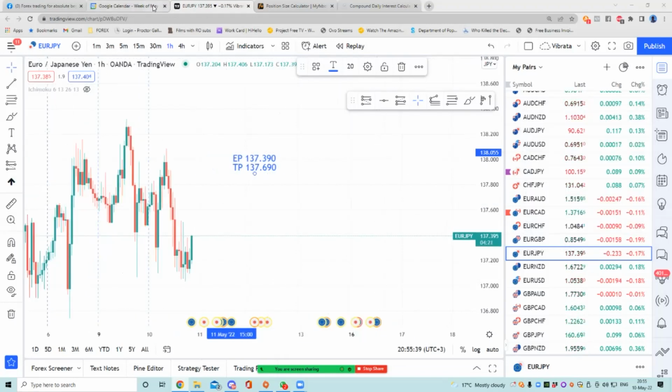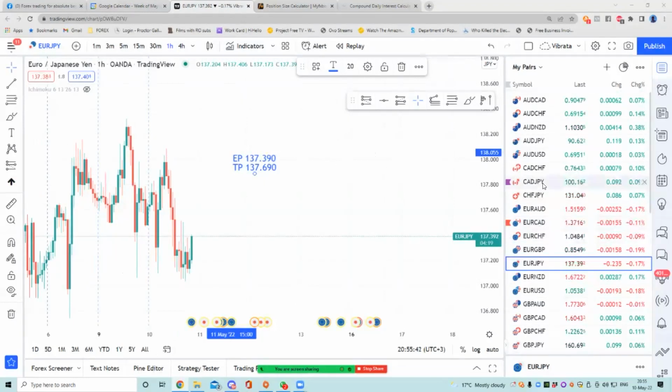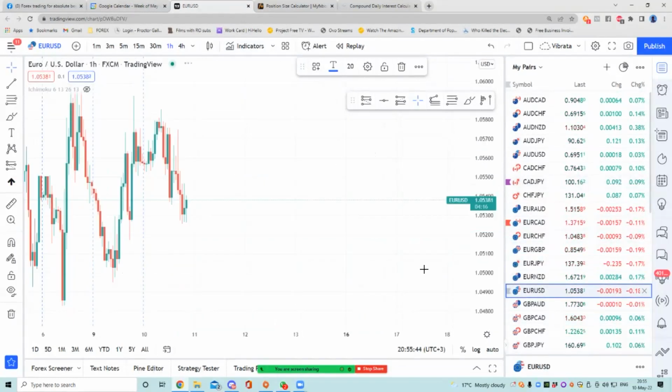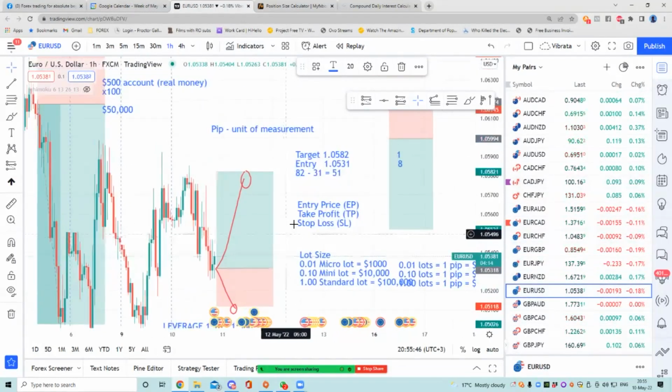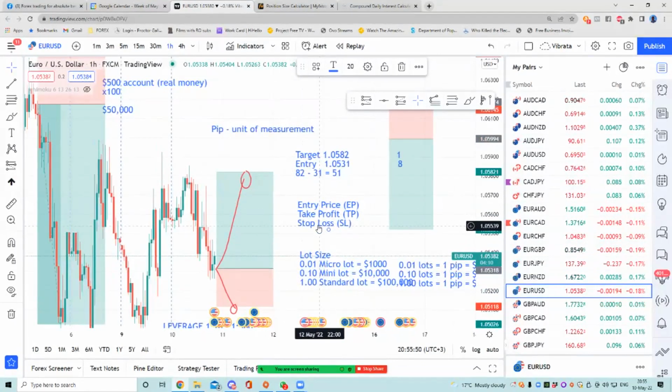So guys, to recap, this evening we covered very important terms in trading. We covered the entry price, the take profit, and the stop loss. So when I talk to you tomorrow about make sure your TP is at this price and your stop loss is at this price, now at least you understand.